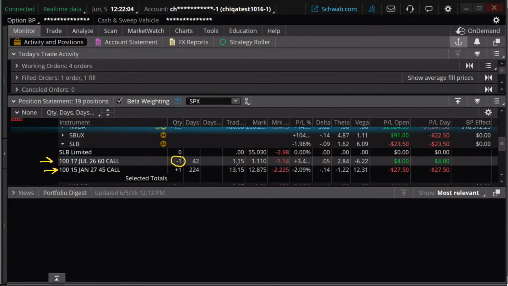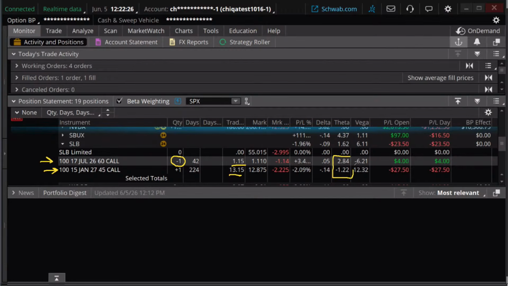Ideally, the price of the short contract would go down and the price of the long contract would go up. Realistically, often they'll go the same direction, but remember, there is a theta differential here.